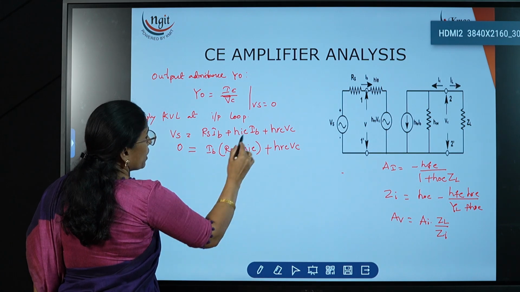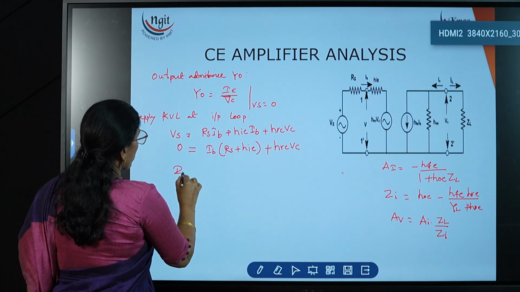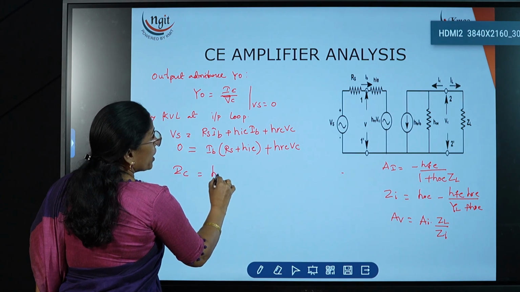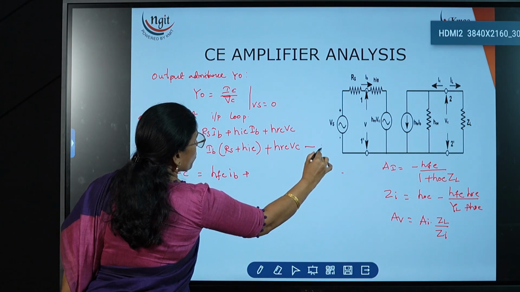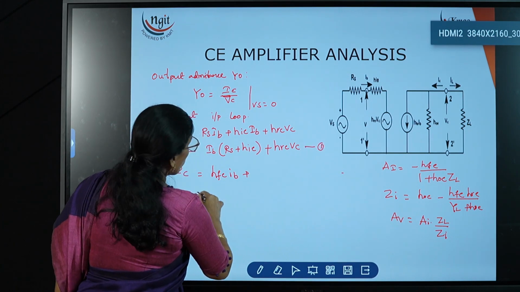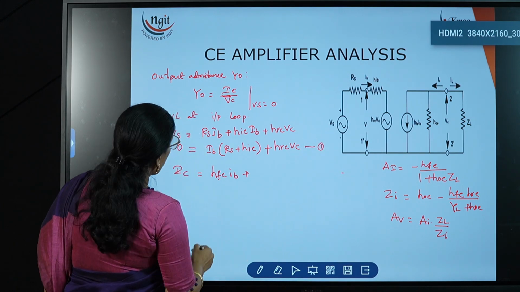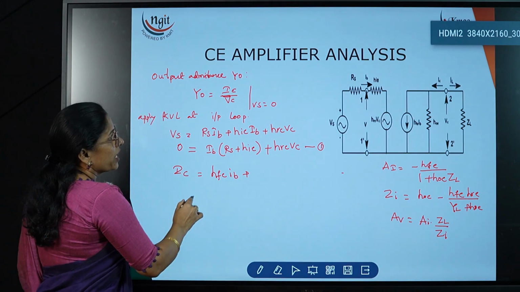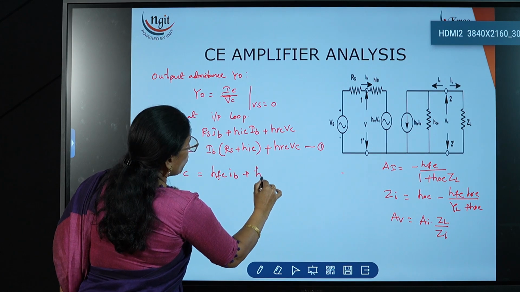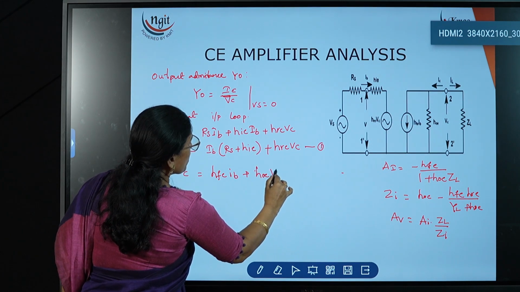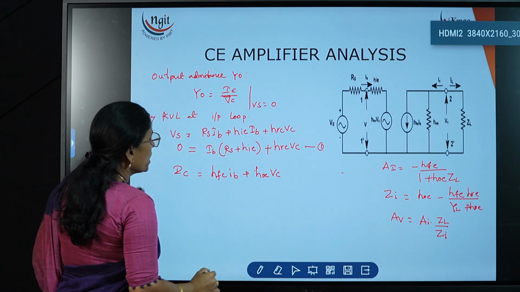Now let me take the output expression. IC is equal to HFE IB plus HOE VC; I am applying the KCL at the output. So this is the expression.